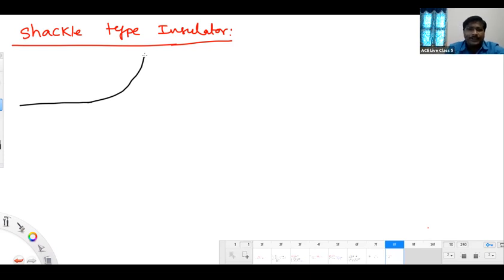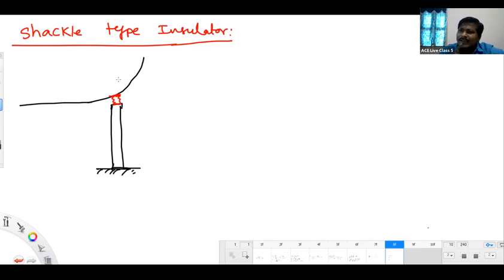At the curvature location, I will be keeping some RCC pole, a concrete pole. On the top of this pole, I will be keeping some insulator, the so-called pin type insulator, and we will be sending that conductor through the groove of the pin type insulator.